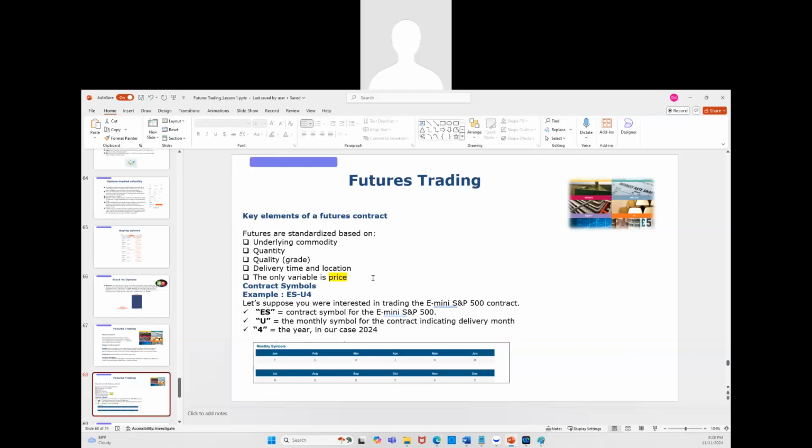And then the quantity is fixed. The quality is fixed. The delivery time and location is also fixed. If I have a contract to deliver 10 kilograms of cocoa to you on December 15, that will not change. The only thing that is variable is the price. That's where hedging takes advantage.